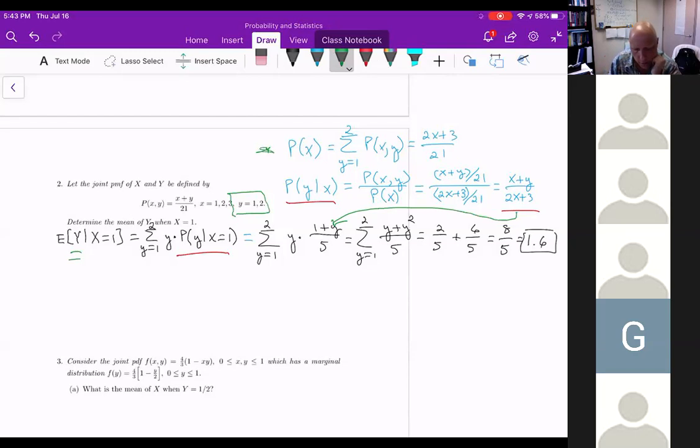When I found the marginal of x, I summed over y. Oh, but if you're finding the mean, it's like you sum over the same thing. Yes, because when you're actually finding a mean, an expected value, then you have to actually use the variable whose mean you want.